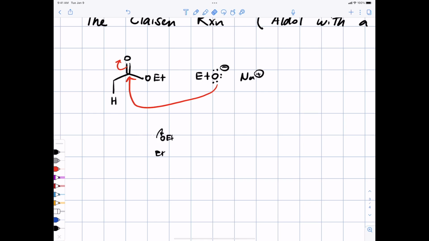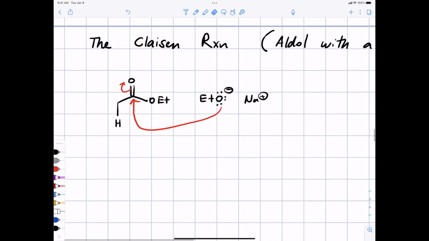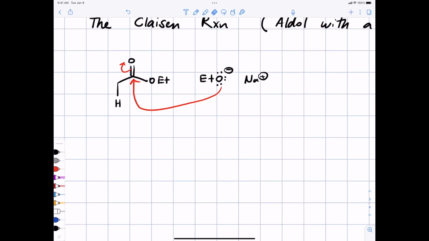So again, as we did with the acetoacetic or malonic ester synthesis, we're choosing a base that matches the identity of the group on the ester. Students usually ask, well, what if this is some big, large group that's important? Well, then chances are you wouldn't be doing the Claisen reaction with it. All right, so we're not going to worry about this potential inconsequential side reaction.